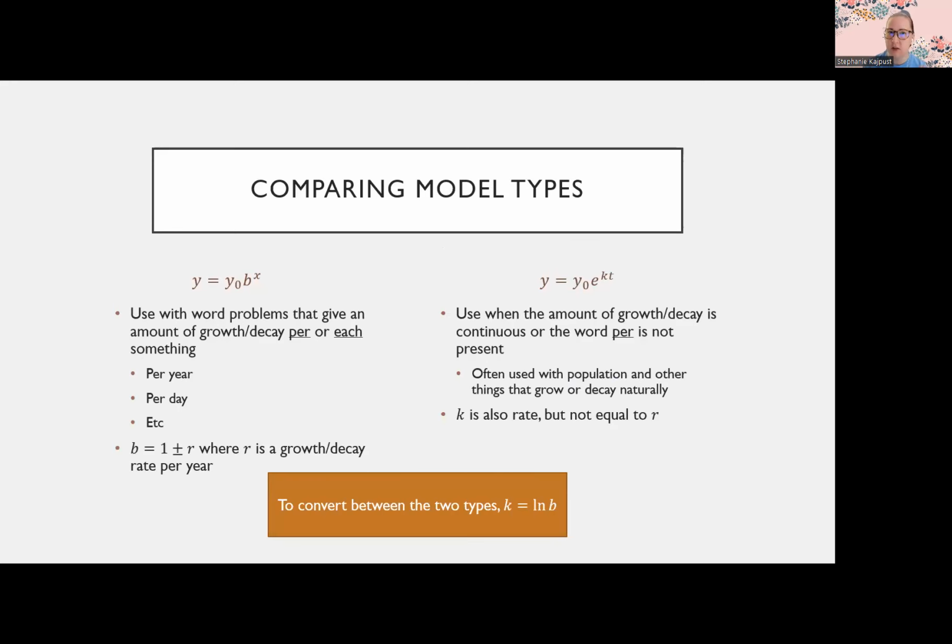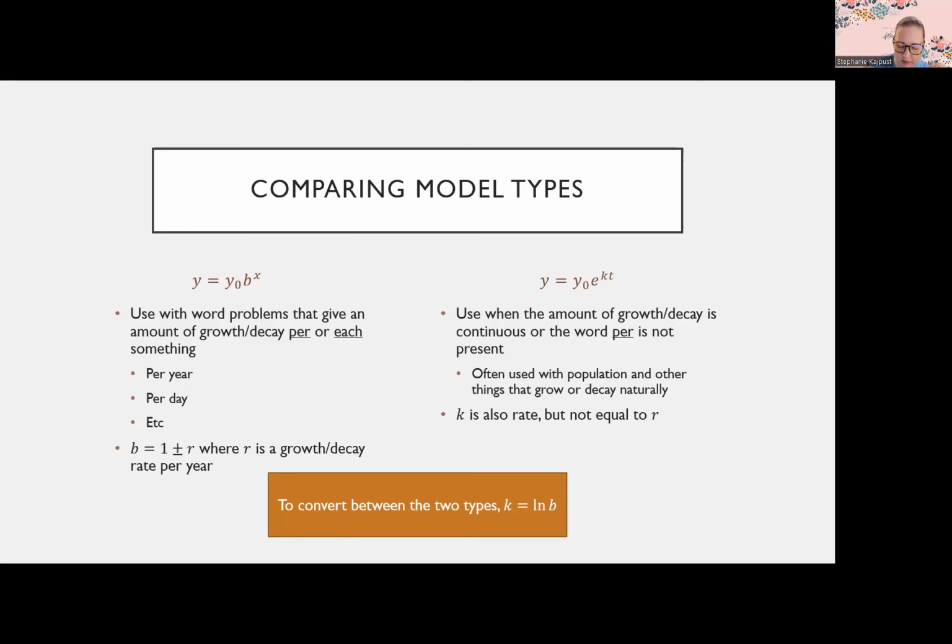So like I said, there are different model types. A very similar looking model is on the left: y equals y naught b to the x. These are both used with word problems, when things are growing or getting smaller. The key is the wording.